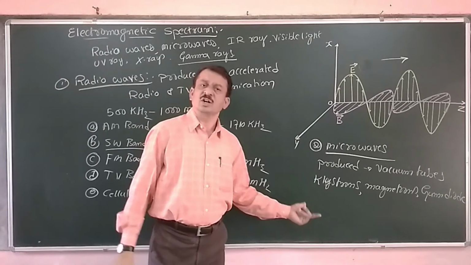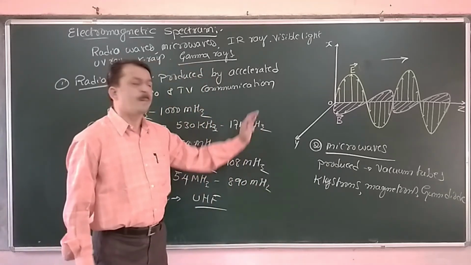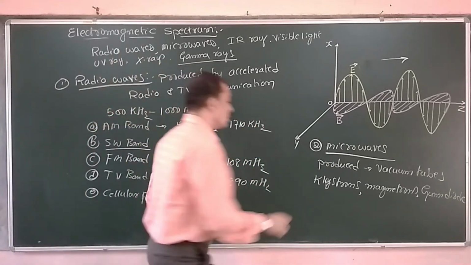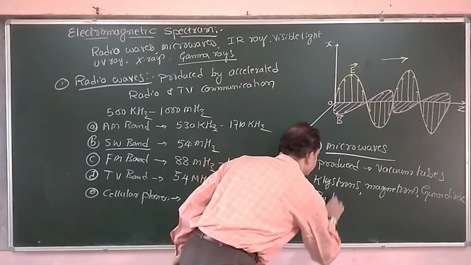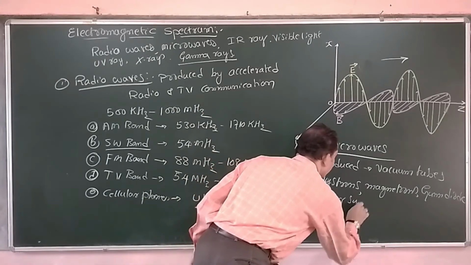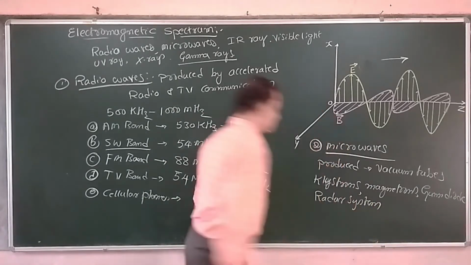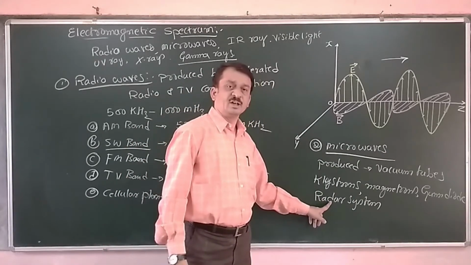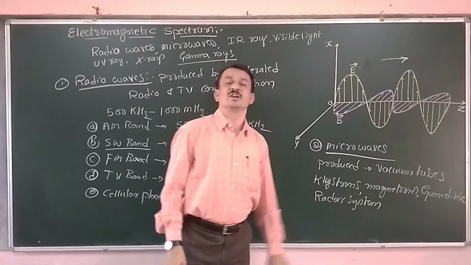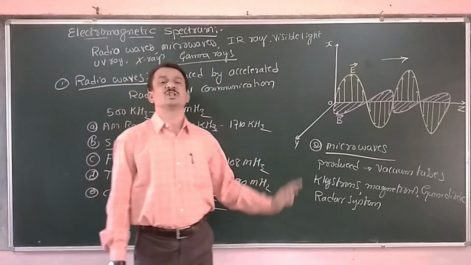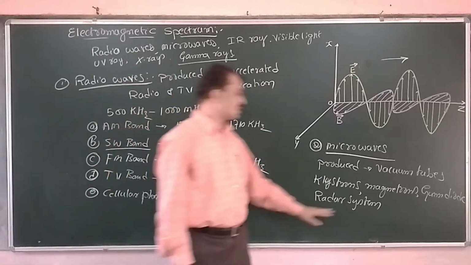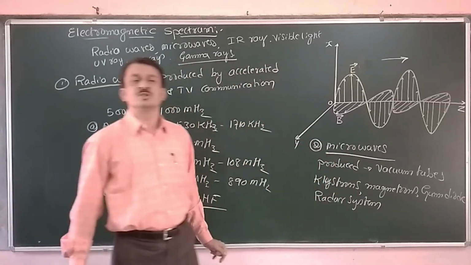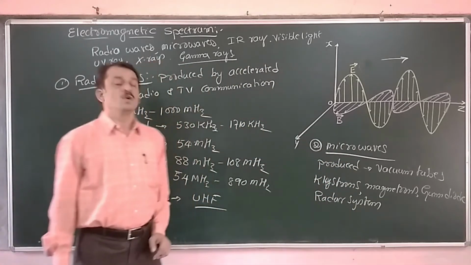Since they have a shorter wavelength, they are mainly used for the radar system. RADAR stands for radio detection and ranging. In the radar system, we use these microwaves.